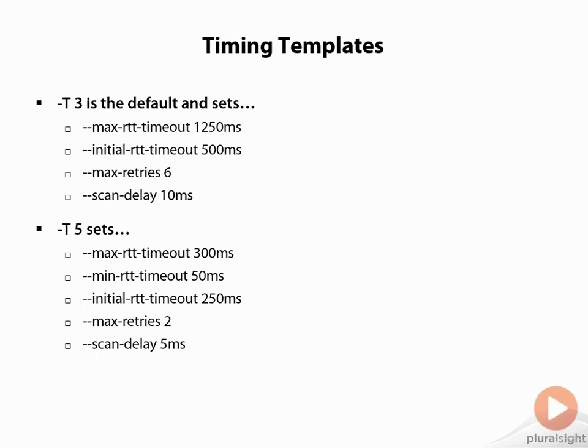Also be aware that the super slow setting T0, or paranoid, sets the --scan-delay option to 5 minutes and disables parallelization. This equates to sending out 1 packet every 5 minutes. That truly is paranoid and could take a very, very long time to complete a scan.